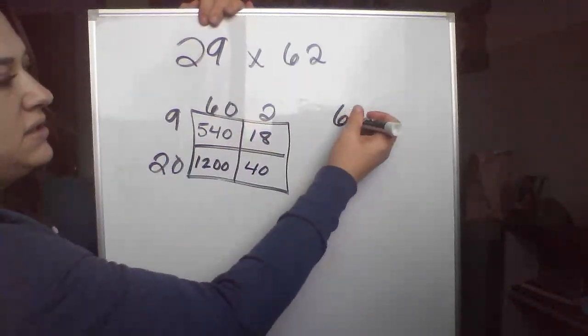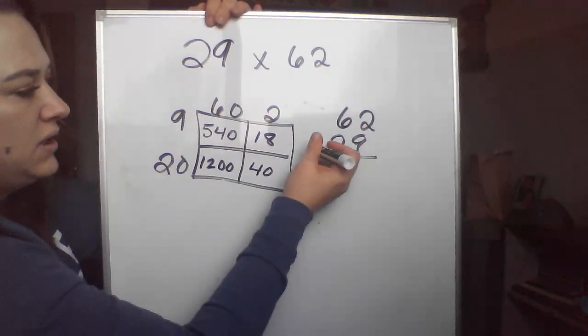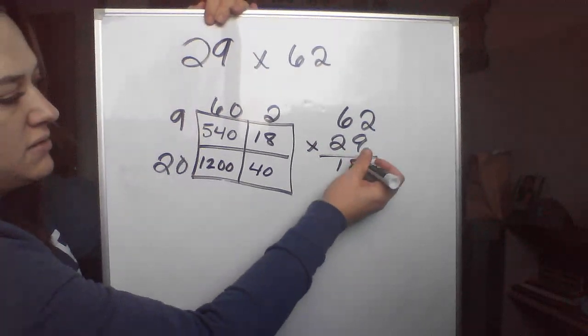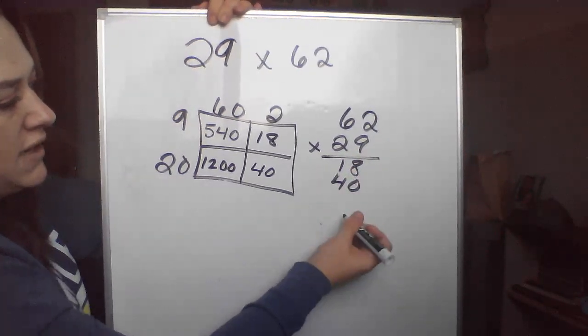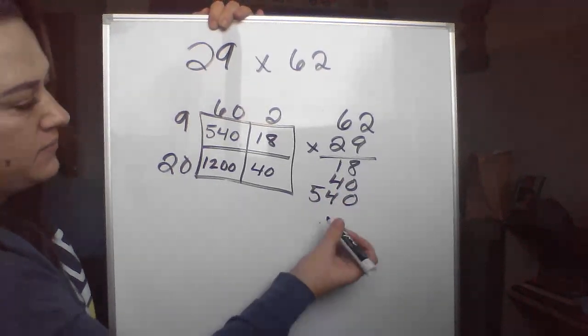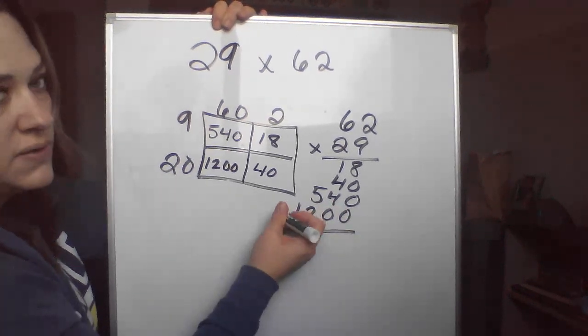So we're going to take 62 times 29, or 29 times 62, either way. Add our partial products up. So we have 18, 40, 540, 1,200.